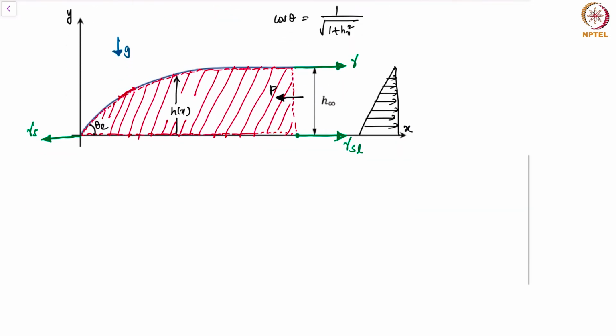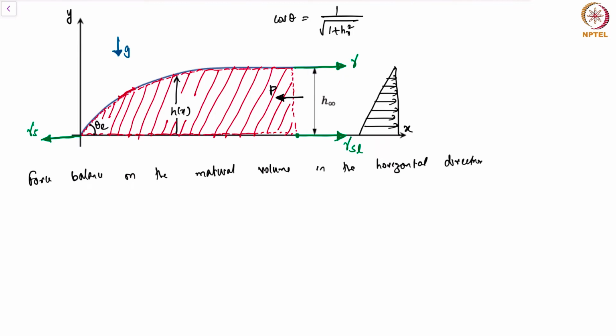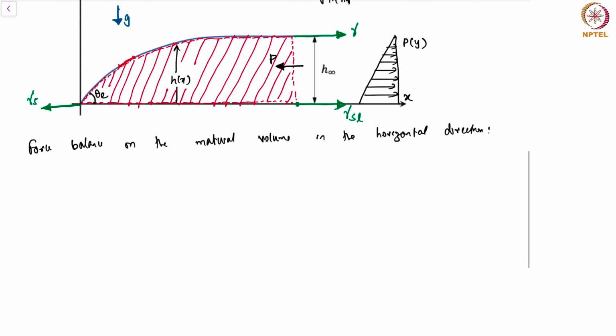Okay, let's write down the force balance on the material volume in the horizontal direction. By the way, this is P, which is a function of y. Okay, let's write down this force balance.